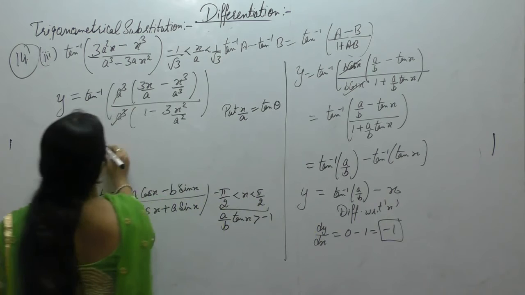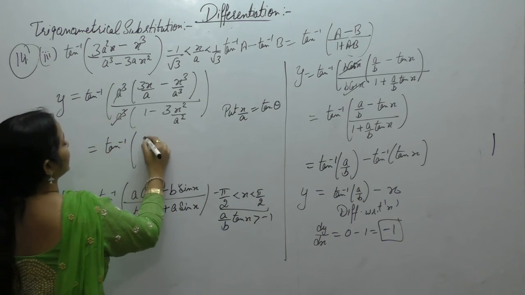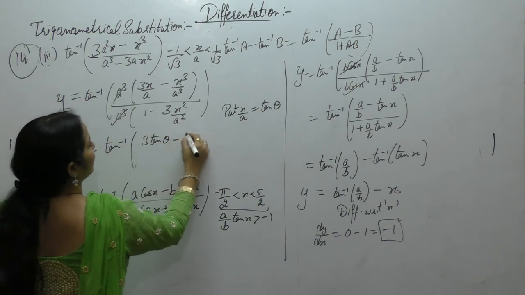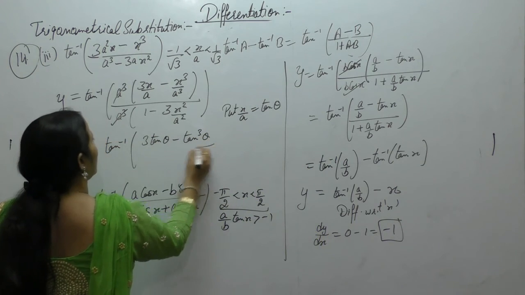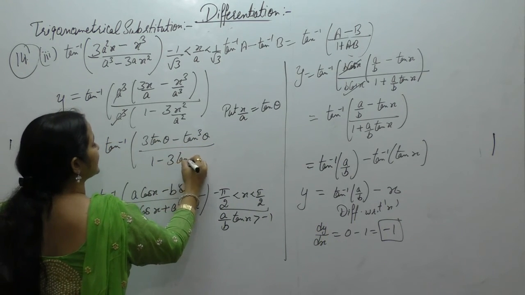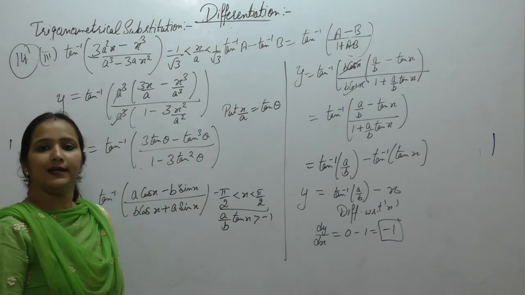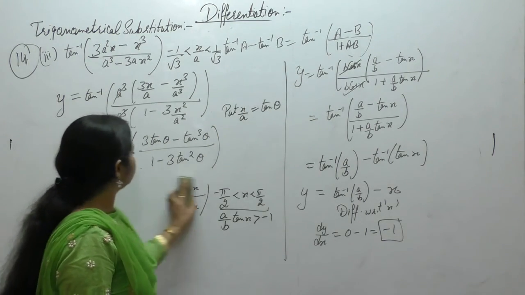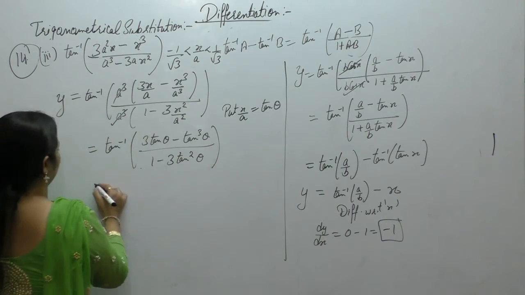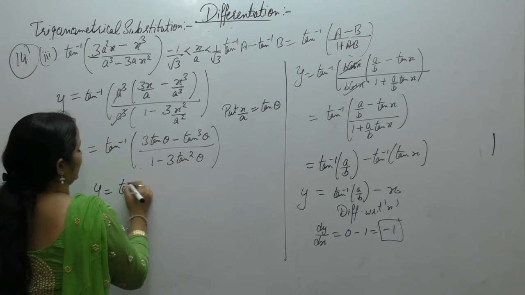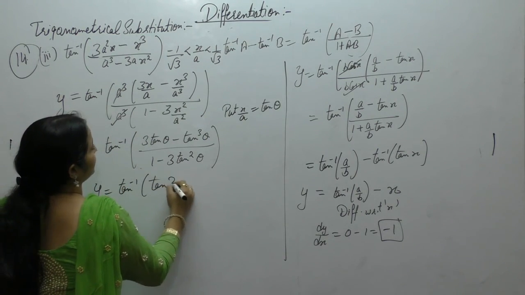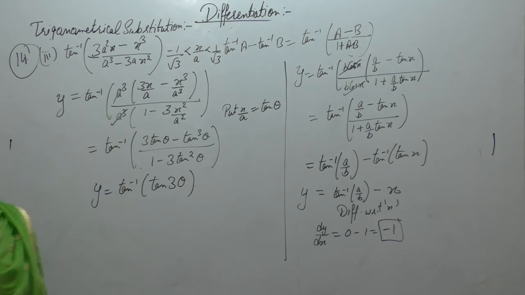Now put x upon a as tan theta. So what we get? Tan inverse (3 tan theta minus tan cube theta) upon (1 minus 3 tan square theta). This is the formula for tan 3 theta. So we get y as tan inverse tan 3 theta.